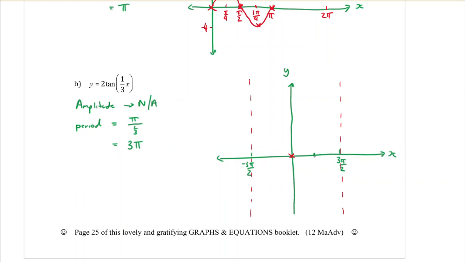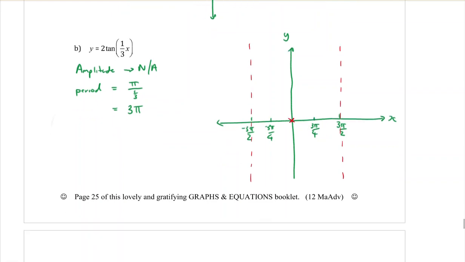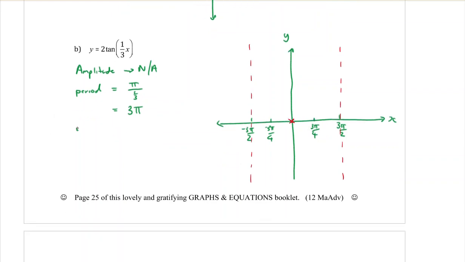So 3 pi on 2, what is half of 3 pi on 2? 3 pi on 4, correct. And let's do the negative 3 pi over 4 over here. And if I were to work out what that equals by subbing it in, so over here I'm going to say when x equals 3 pi over 4, if I sub that into my equation, I get y equals 2 tan, and I have a third times 3 pi over 4.